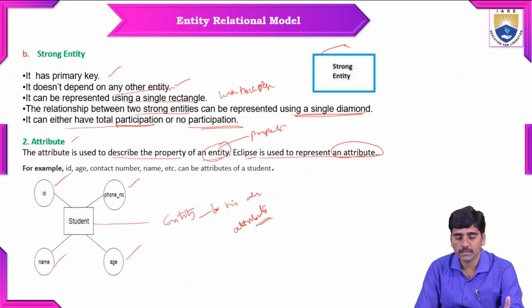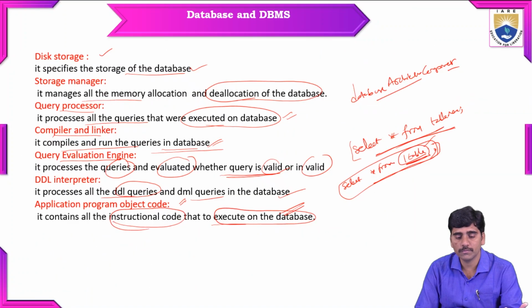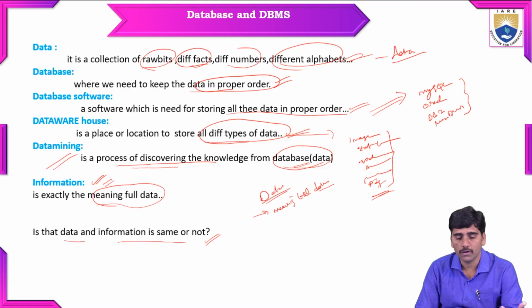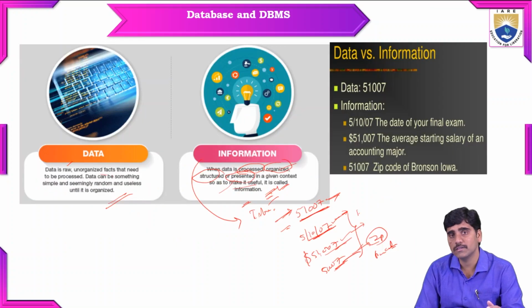Once again we revise the topics which we discussed in this session. First, what is meant by data, what is meant by database, and how is data different from information. What is meant by data warehouse, data mining, and how data becomes information when it is processed or structured.